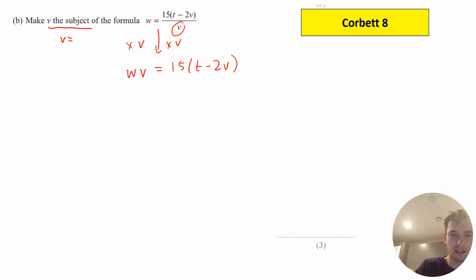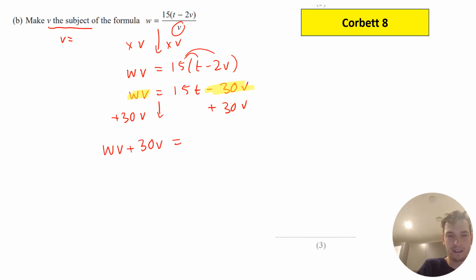Now I see some brackets here, so I'm going to multiply out the brackets. 15t minus 30v. Now let's highlight the terms that have v in them. So this one's got a v in it, and this term's got a v in it, and I need to move all those terms onto one side. So let's add 30v onto both sides. So VW plus 30V equals 15t.